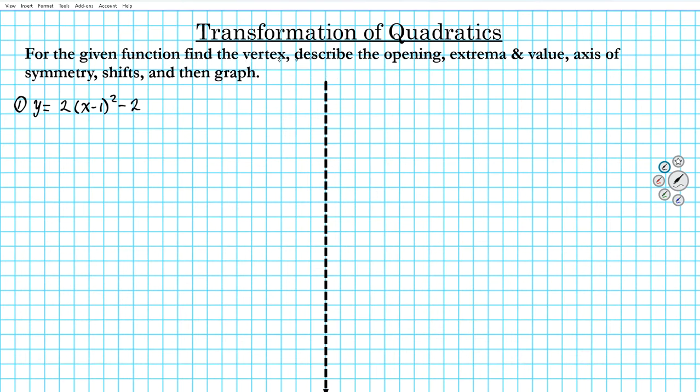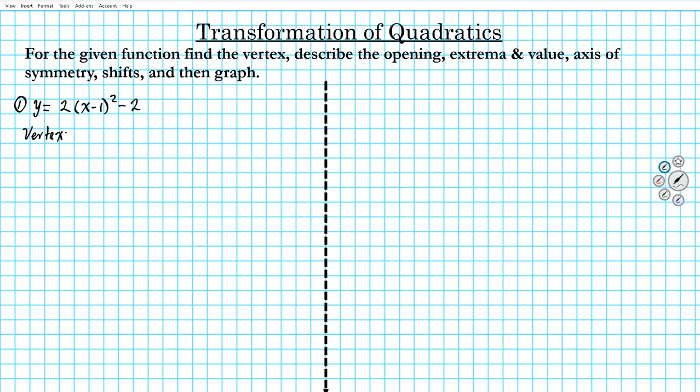We're going to find the vertex, describe the opening, extrema value, axis of symmetry, we'll find the shifts, and then we'll generate the graph. So let's go ahead and get started with the first part, which is to find the vertex. What is the vertex of this quadratic function?